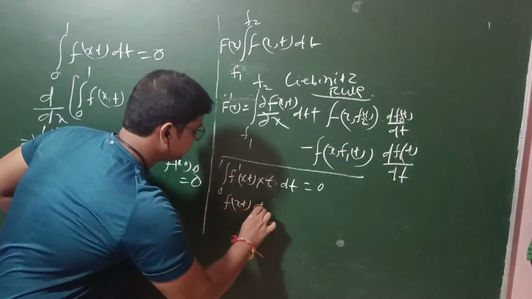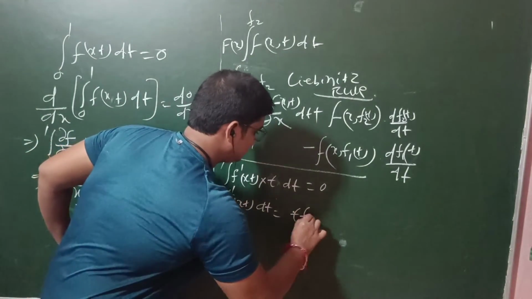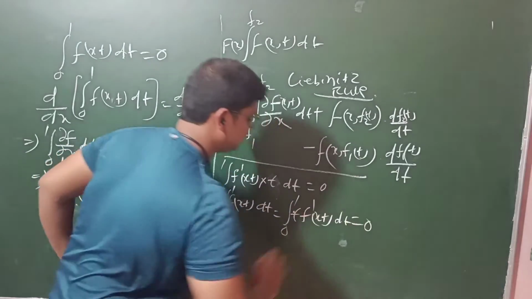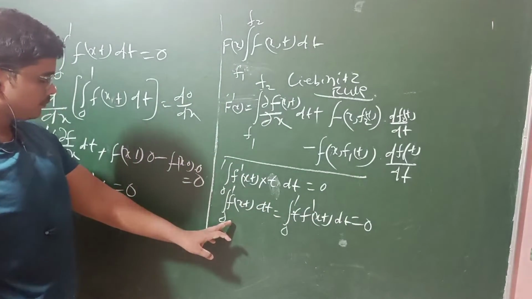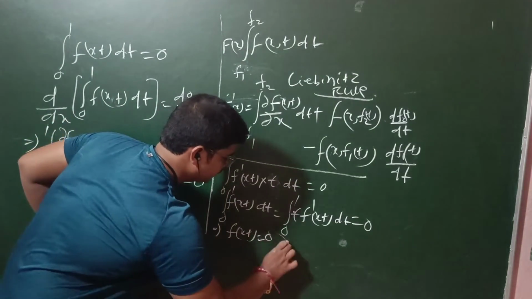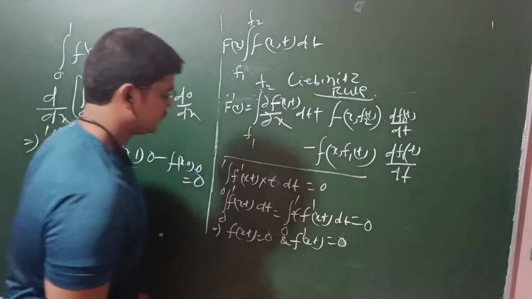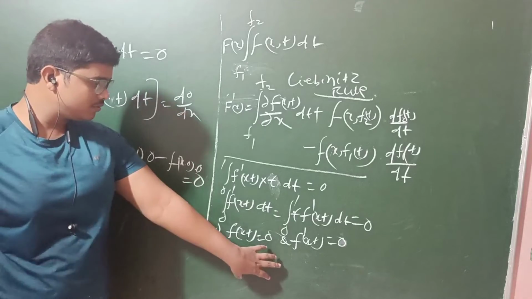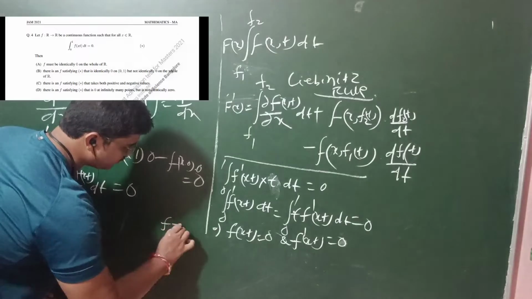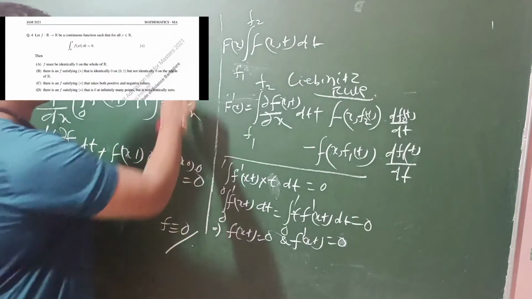Now f of x t dt from 0 to 1 equal to f dash x t dt from 0 to 1 equal to 0. That means f of x t equal to 0 and f dash x t equal to 0. If a function is 0 and its derivative is also 0, then it is identically 0. That means f is identically 0.